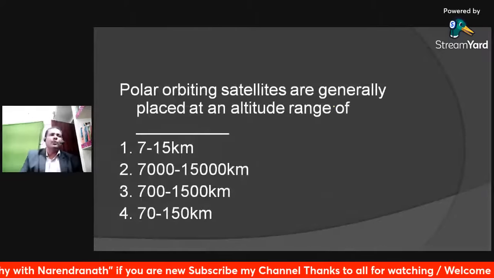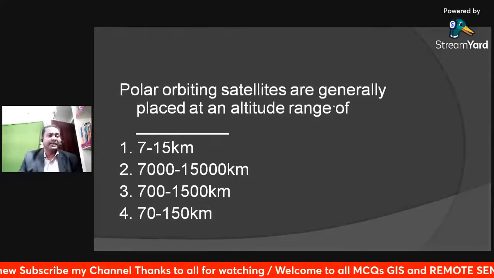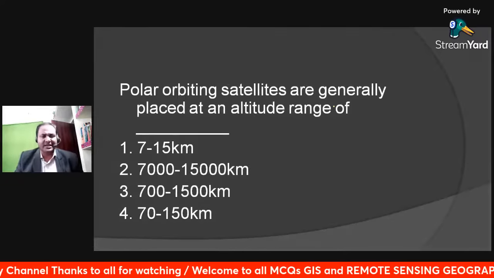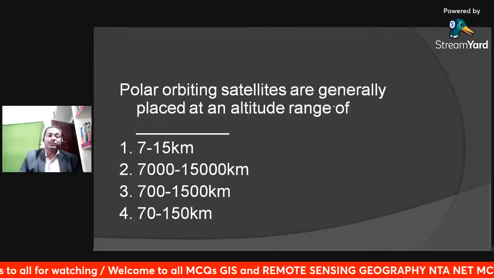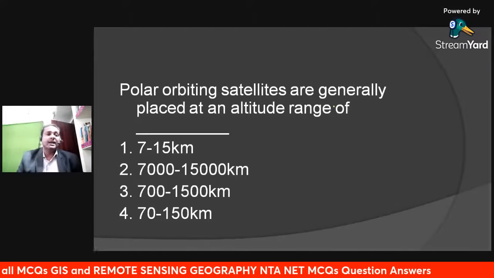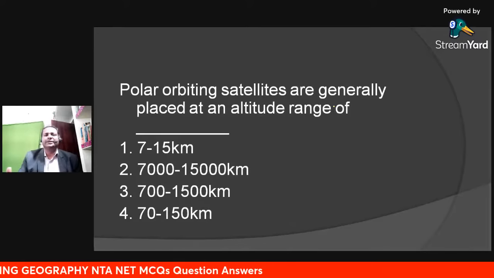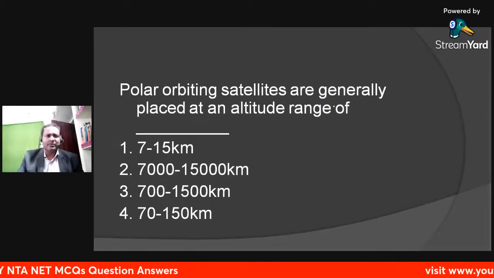Another question: polar orbiting satellites are generally placed at which altitude range? This type of question is very relevant. The options are 7 to 15 kilometer, 7,000 to 15,000 kilometer, 700 to 1500 kilometer, and 70 to 150 kilometer.